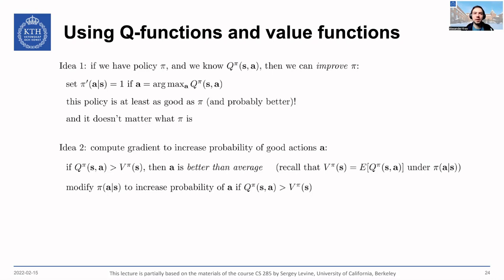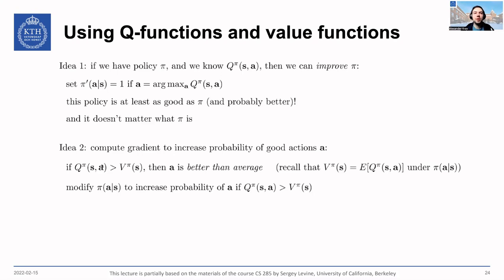The second idea is quite similar, but it has given rise to a different set of methods. So let's say we do know the value function V at the state s, and we know the Q function at the same state s and some different actions.